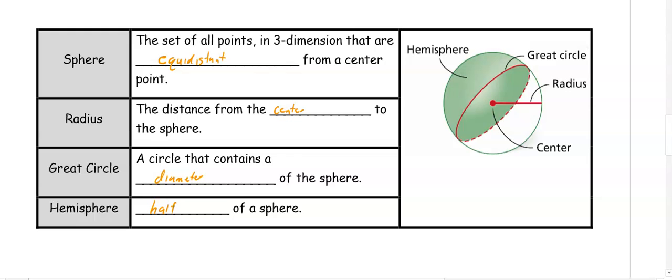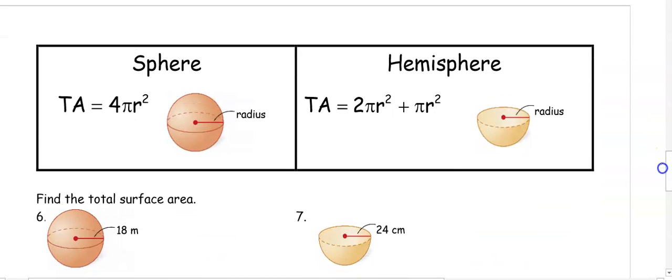So now that we have some vocab, we can find the total surface area of both of these figures. So if it is a sphere, our total surface area is 4 pi r squared. Our hemisphere, this is where it gets a little bit tricky for some of us. Yes, it's half of a sphere. So this outside part is going to be the 2 pi r squared.